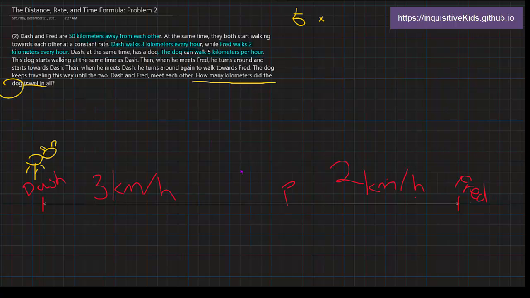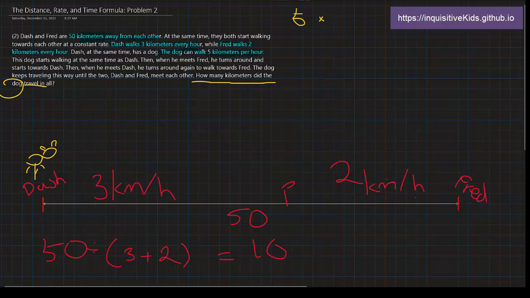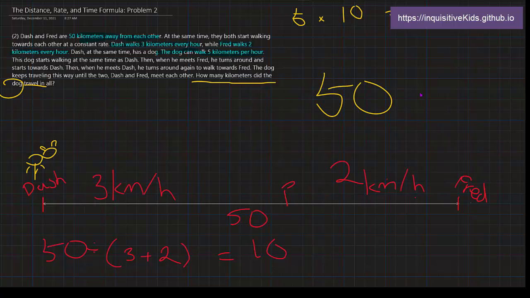Well, we do know that they are 50 kilometers away from each other, so we can do 50 divided by the sum of 3 and 2, and after that we'll get 10. So that would be 5 times 10 hours. 5 times 10 hours gives us 50. So the answer is 50 kilometers.